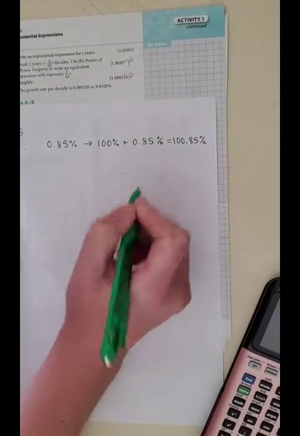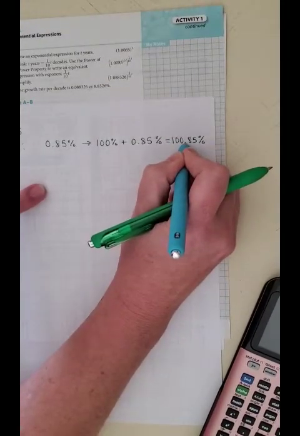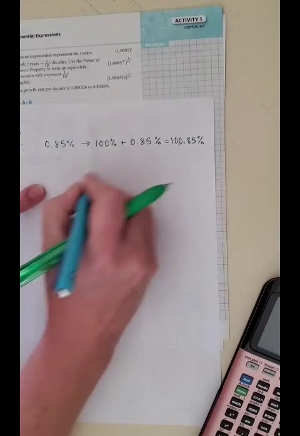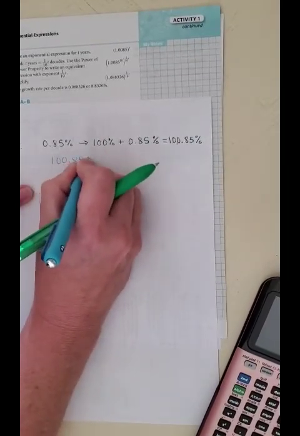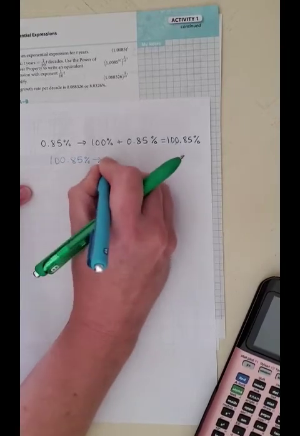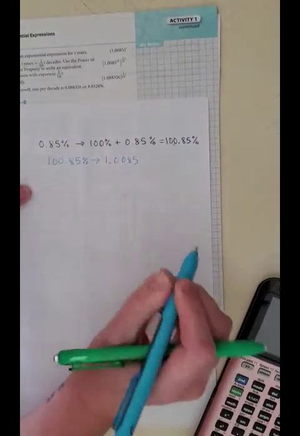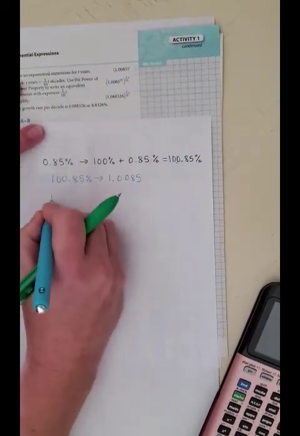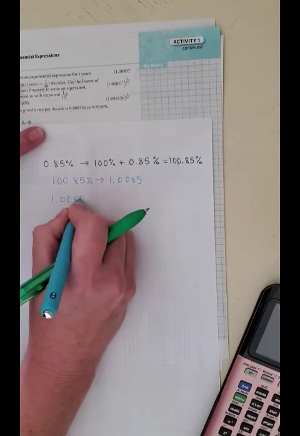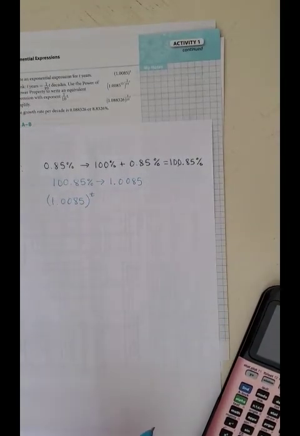Changing that value back into a decimal, we would move our decimal place 2 times, and 100.85% is the same as 1.0085. And that's what they've done here. Now we're raising this to the t power because it's growing exponentially. So there's my exponential growth.